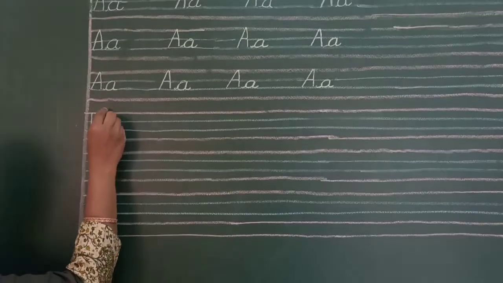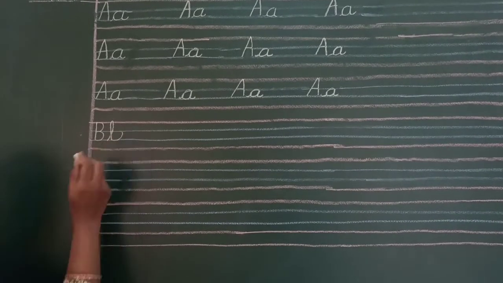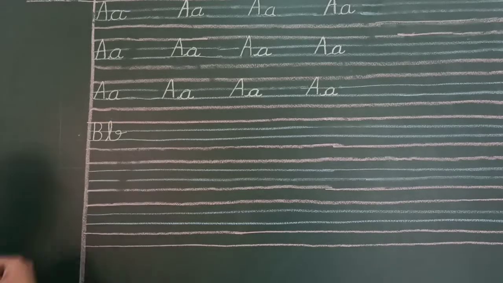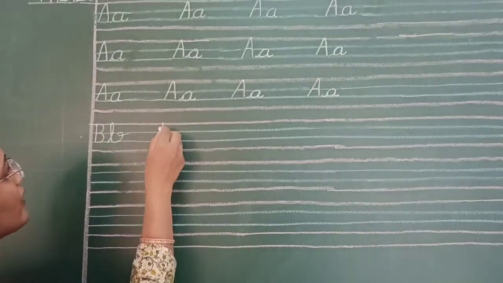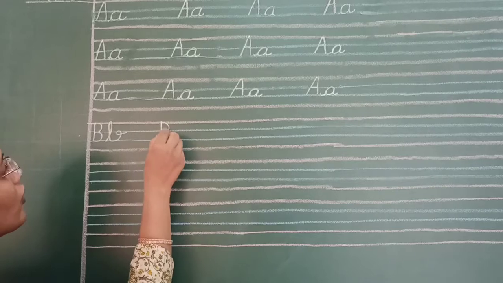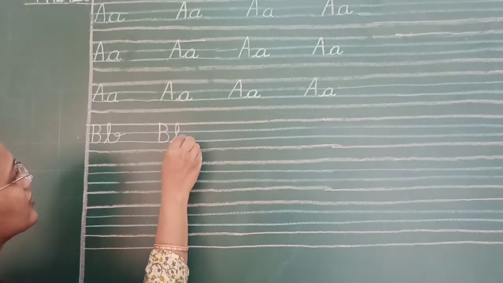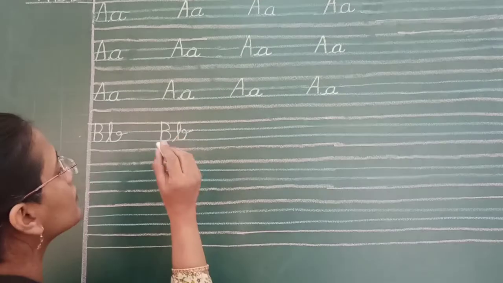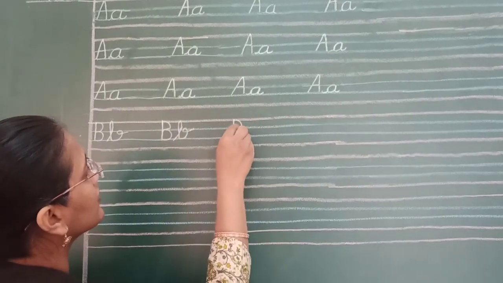First draw like this, then go upwards till your blue line and then like a tongue here. But you have to write without lifting your hand. So continuously you will write like this. This is your small alphabet b in cursive.